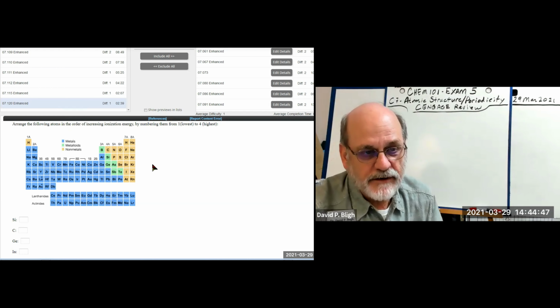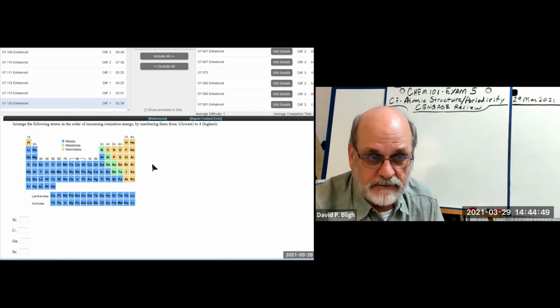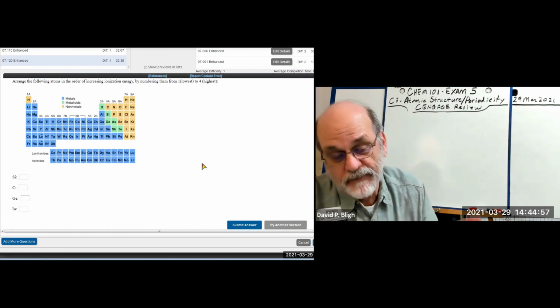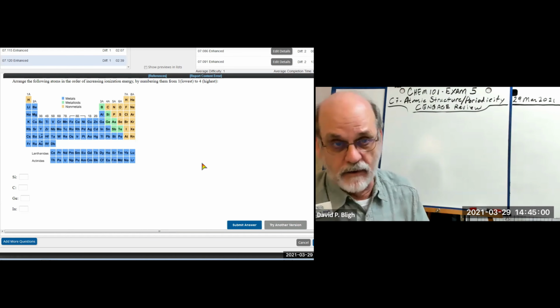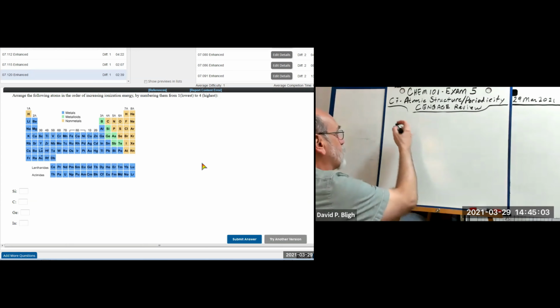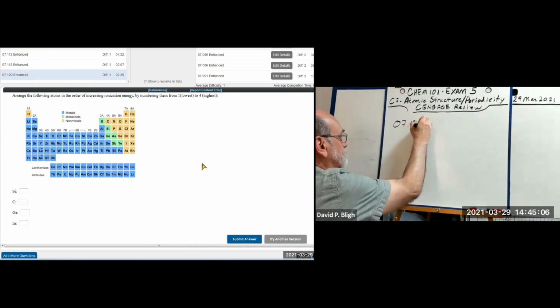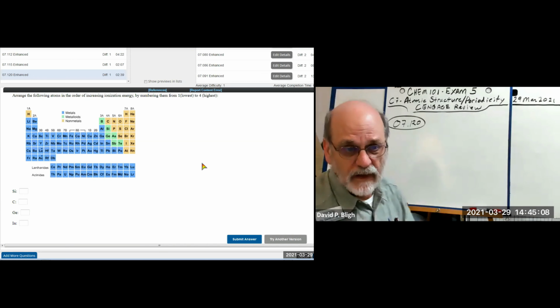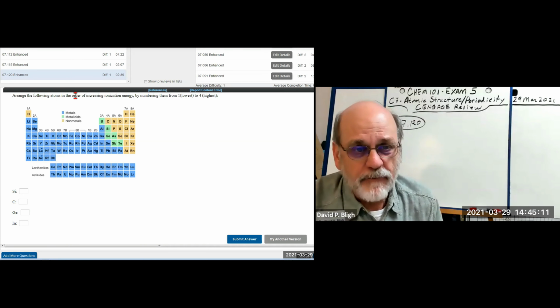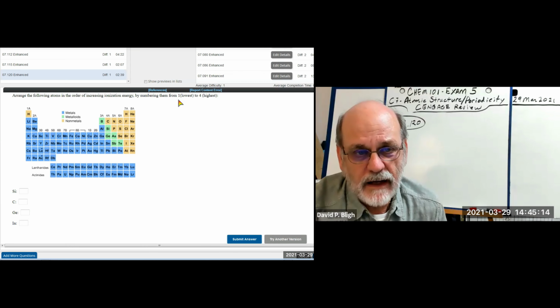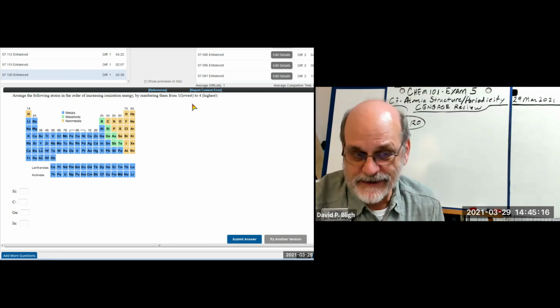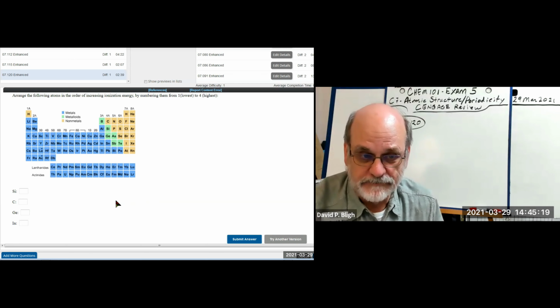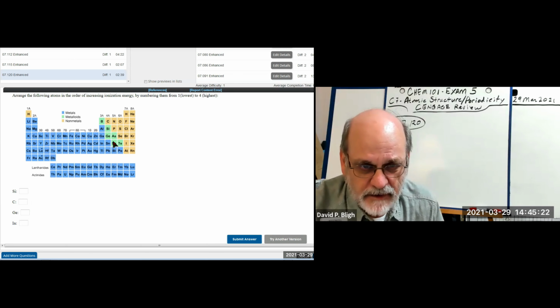All right, this looks interesting. Arrange the following atoms in the order of increasing ionization energy by numbering them from 1 to 4. Okay, we've done one like this. We're already here. We might as well do it. 07120. Okay, if we're going from lowest ionization energy to 4 highest, which would be the lowest? Well, let's see. Where are they located? Silicon is way over here.